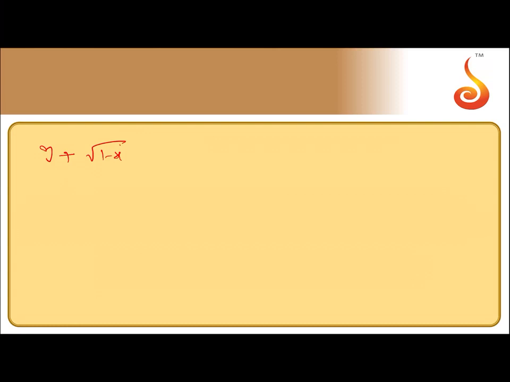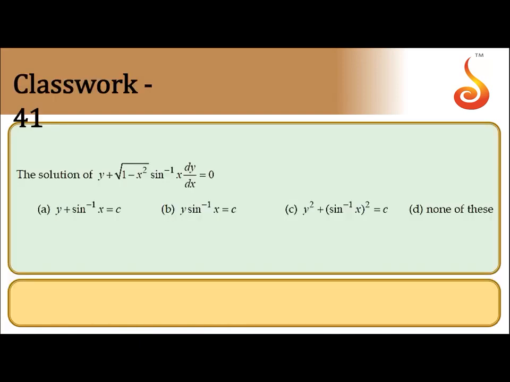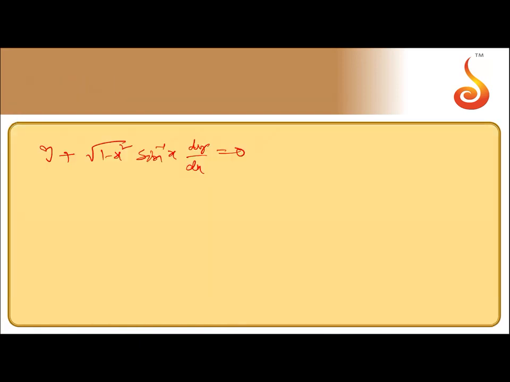Because dx is there, take y to the right hand side, you'll be getting minus y, and therefore dy divided by y is equal to minus 1 by root of 1 minus x square into sine inverse x multiplied by dx.